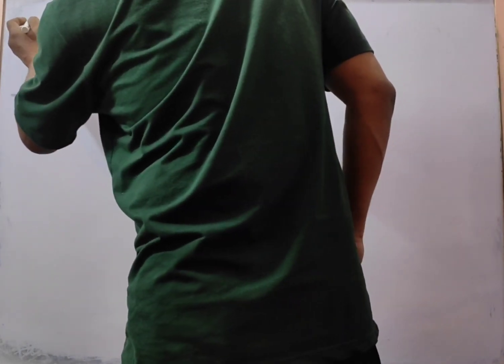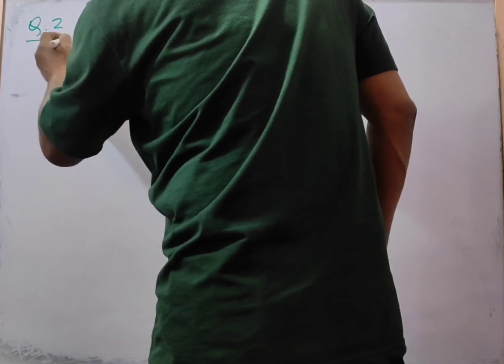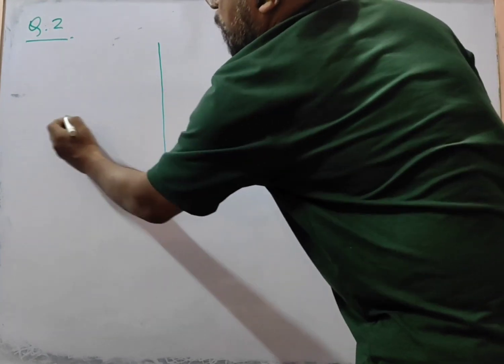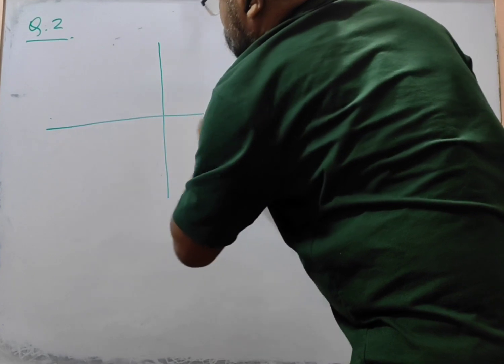This is a little bit more complicated. This is question number 2. There is a Cartesian plane like this, and say like this.